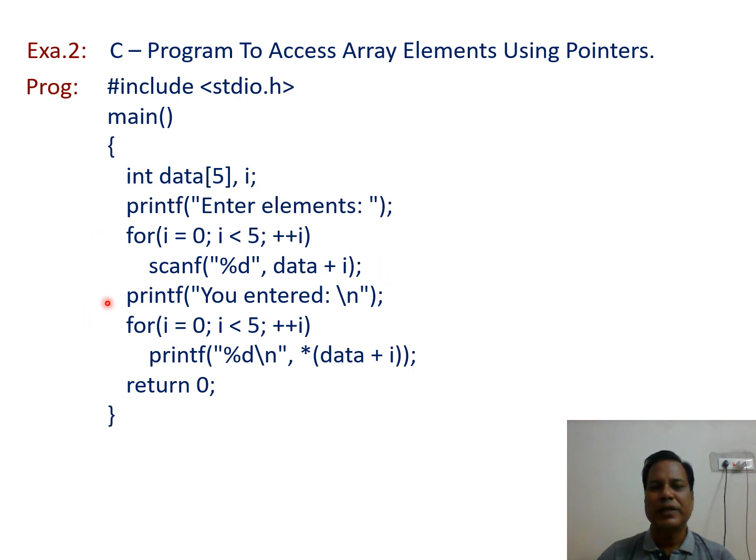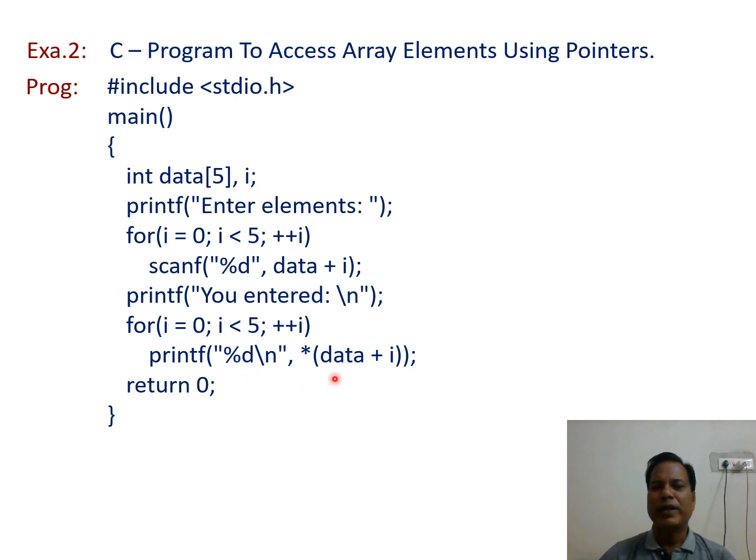Then again the next printf statement: you entered. What the user entered. Again using the for looping statement, that is printed here. So printf percentage d.